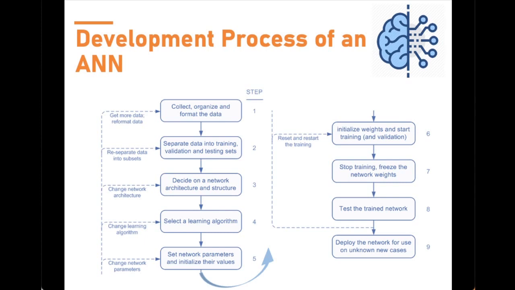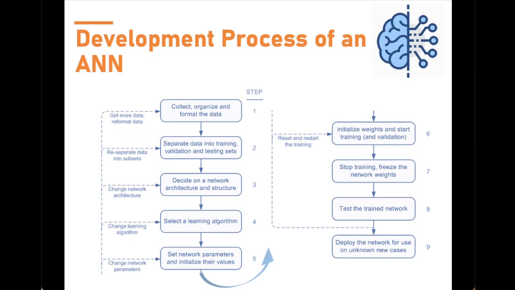In step 4, we select the learning algorithm. The learning algorithm in a neural network refers to the method used to train the network and adjust its weights based on the training data.